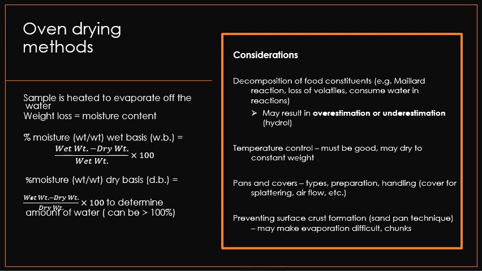But there are a few things you need to consider when performing moisture analysis using oven drying. One is to be aware that some food constituents may be decomposed, such as by inducing Maillard reactions, or the loss of volatiles, or some of the water may be consumed during the reaction. This may lead to overestimation or underestimation of the moisture content.